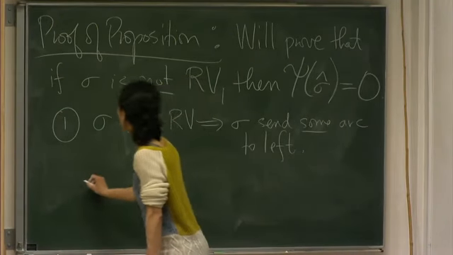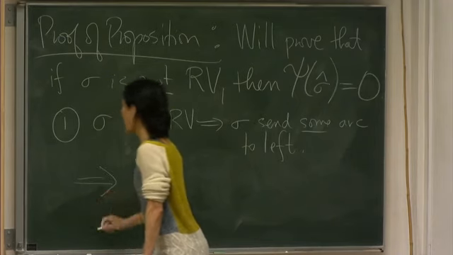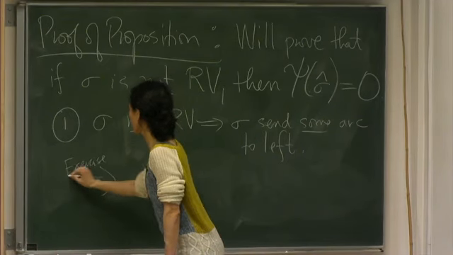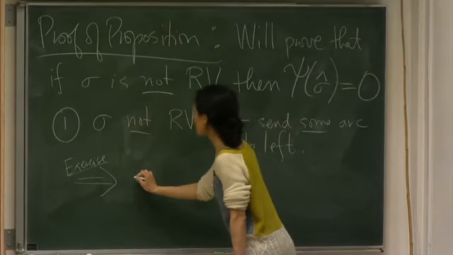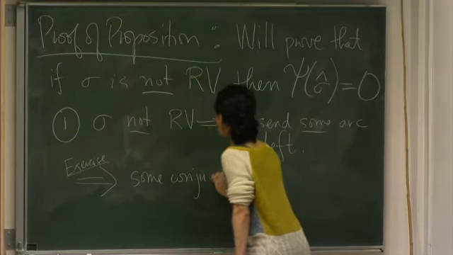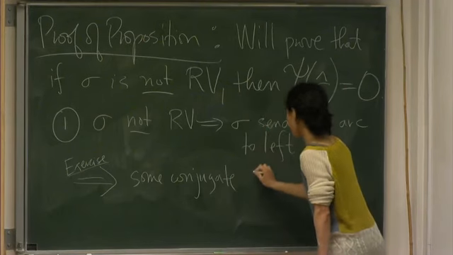But what this implies, and this will be one of your exercises too, is that some conjugate of sigma sends a particular arc to the right.